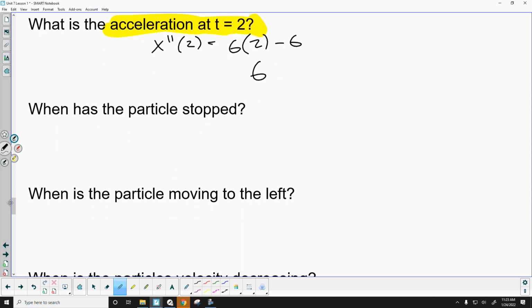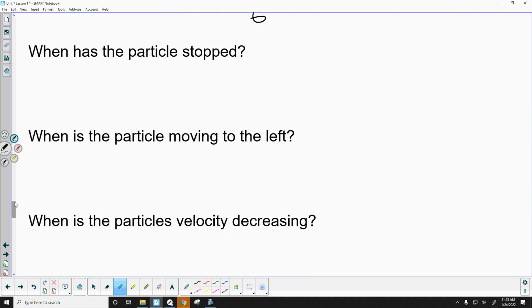When has the particle stopped? When is the particle moving to the left? Let's start with those two. Two questions that I will answer using one thing. I'll answer both questions one way.